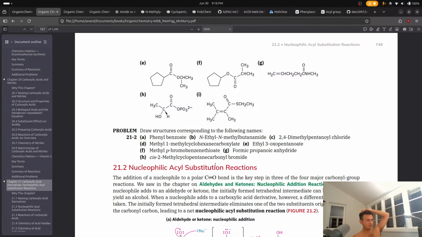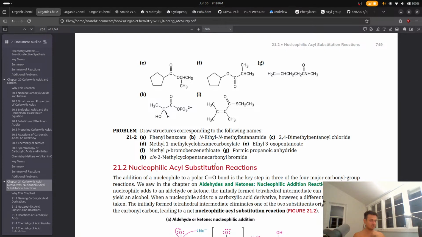Methyl parabromobenzene thioate. Ooh, okay. So we have a methyl here, and then we have a bromothioate.